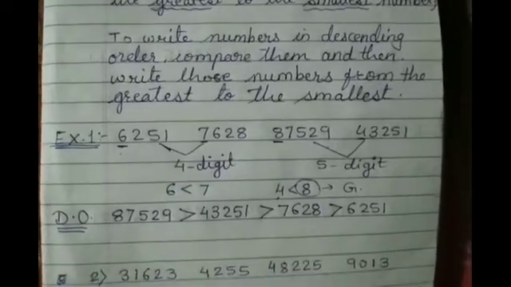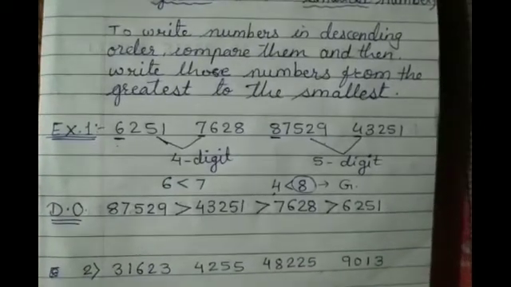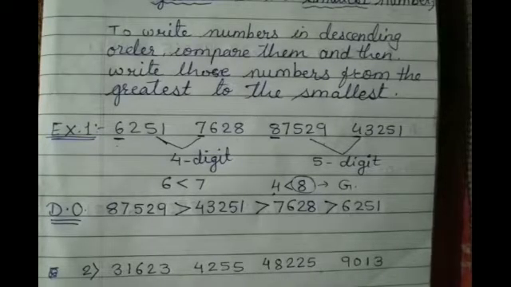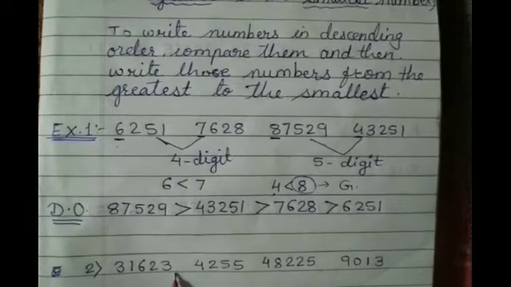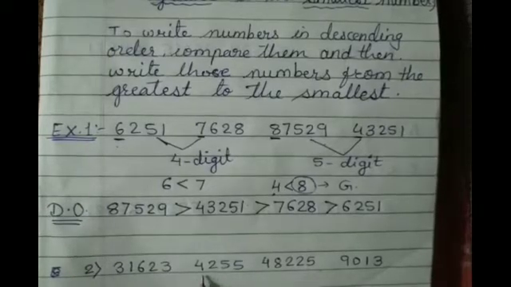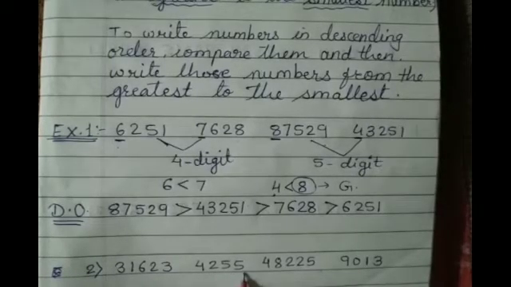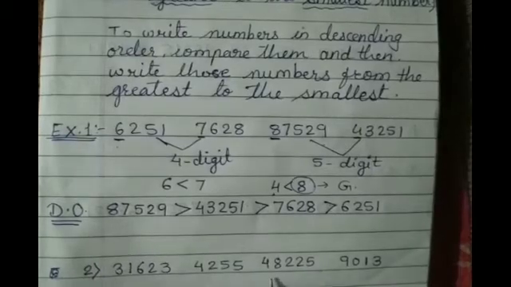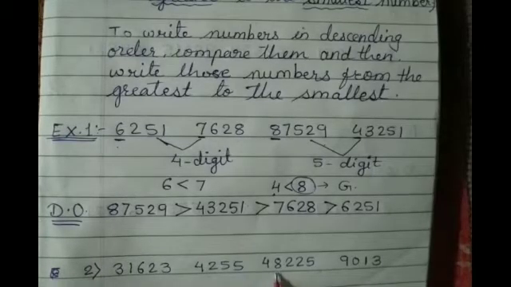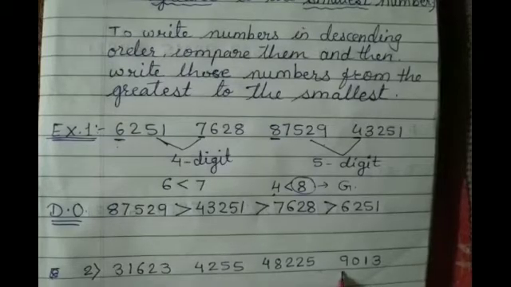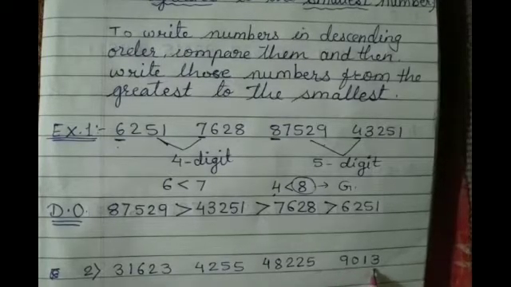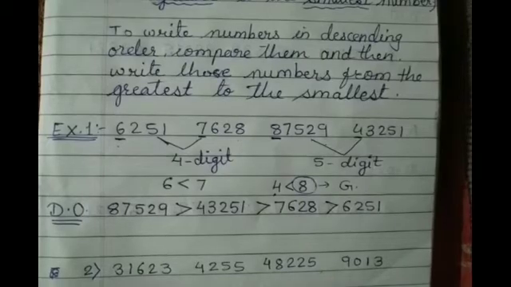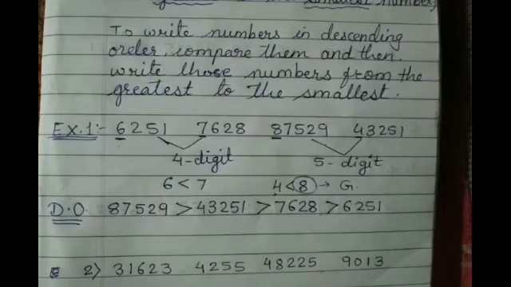Here the numbers given are 31,623, 4,255, 48,225, 9,013. Now children, observe the given numbers carefully.